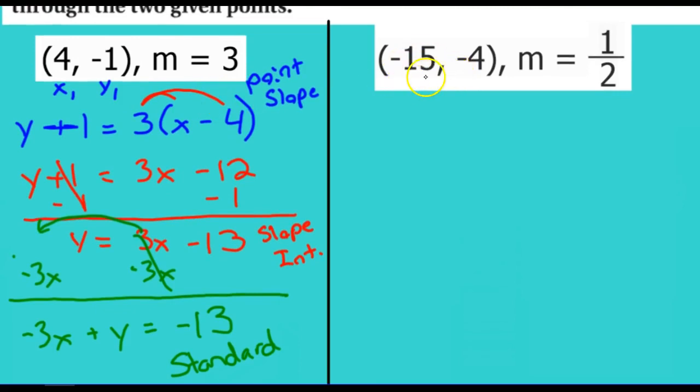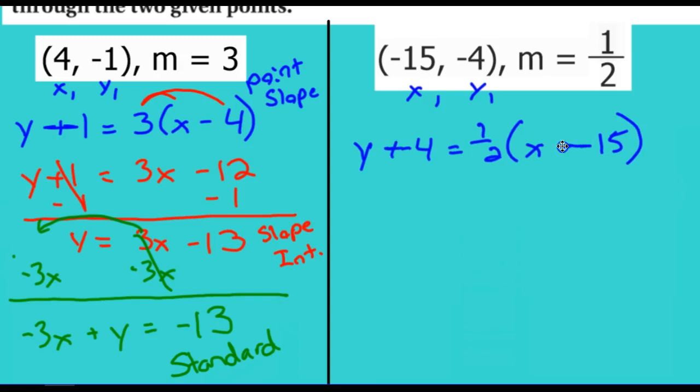Here again we have a point, x1 and y1, and we have a slope of 1/2. So we have y minus y1, which is negative 4, equals 1/2 times x minus a negative 15. We can make these into plus.